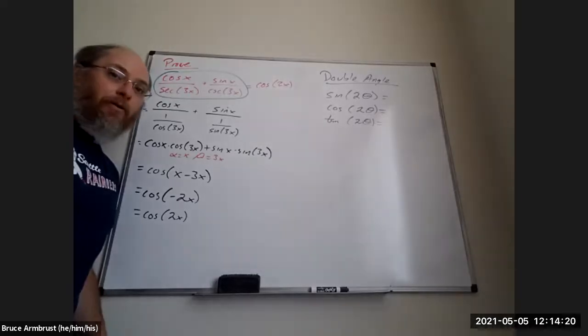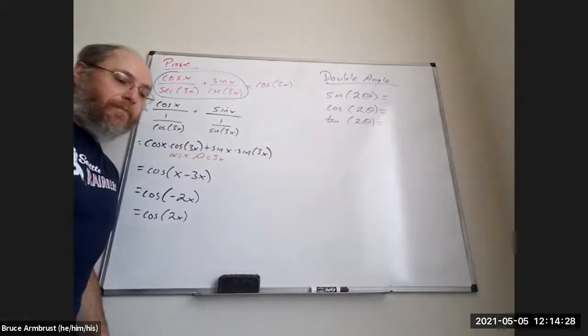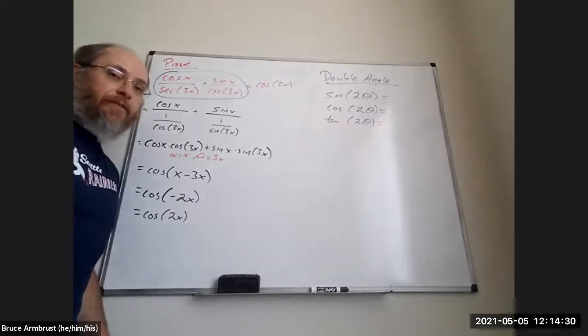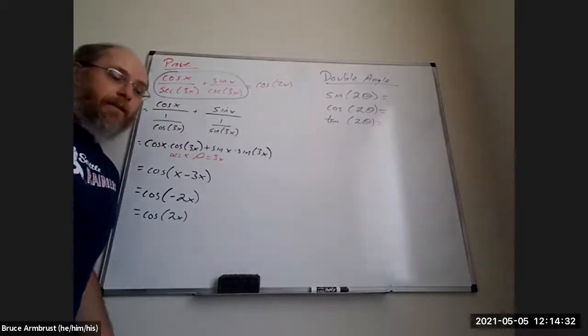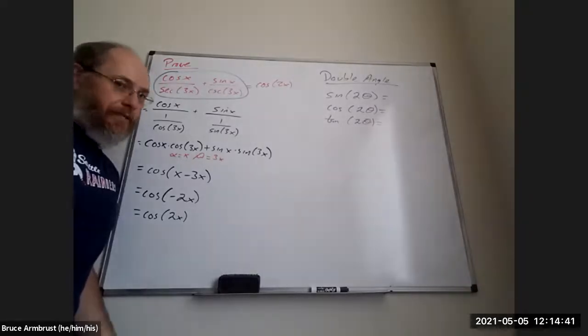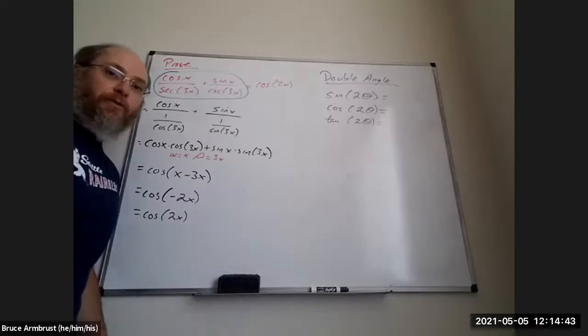Like, think about 45 degrees and 90 degrees. 90 degrees is double 45, right? The sine of 45 is root 2 over 2. The sine of 90 is 1. That's not even close to double root 2 over 2. And you see the same thing with the cosines. Cosine of 45 is root 2 over 2.